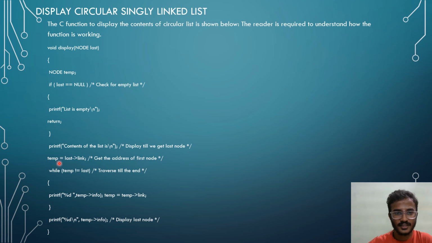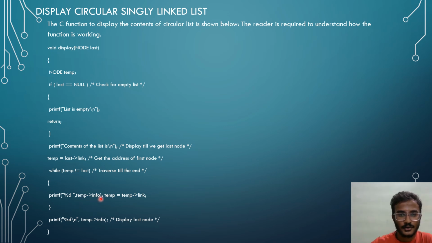Here we have to initialize temp to the first node. Then we traverse the list and print each node. The while loop continues as long as temp is not equal to last. Inside the loop, the info field of the current node pointed to by temp is printed.